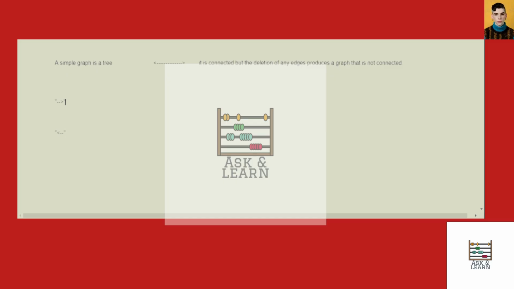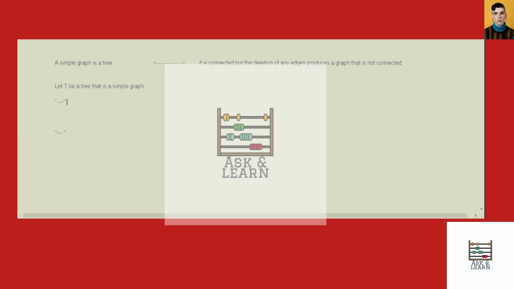So for the left to right direction, one of the things that we need to know before we get started is that we're going to let T be a tree that is a simple graph.